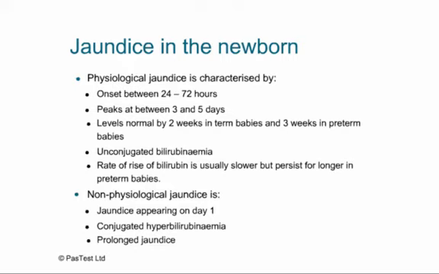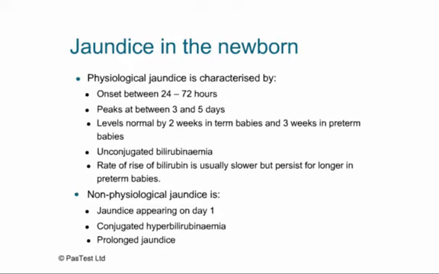Therefore, the features of non-physiological jaundice are jaundice appearing on day 1, conjugated hyperbilirubinemia, which suggests obstruction to biliary excretion into the intestine, and prolonged jaundice.